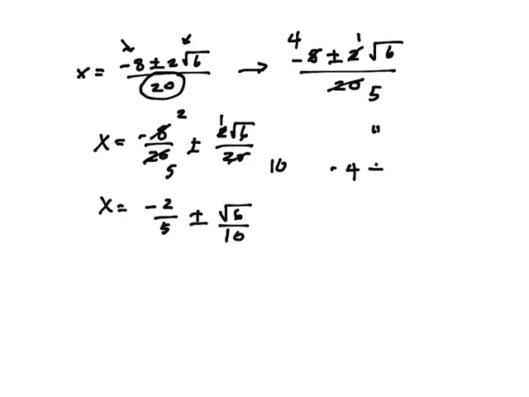Negative 4 plus or minus the square root of 6 over 10. Should be 10, because they're all divisible by 2. So 8 divided by 2 is 4, 2 divided by 2 is 1, and 20 divided by 2 is 10.